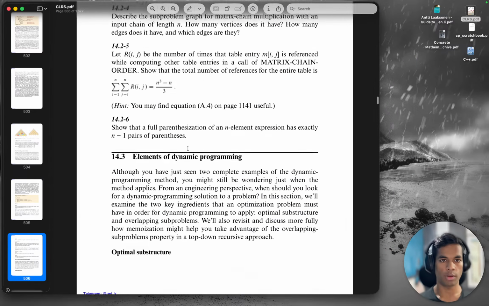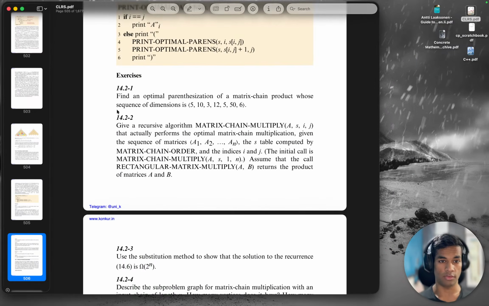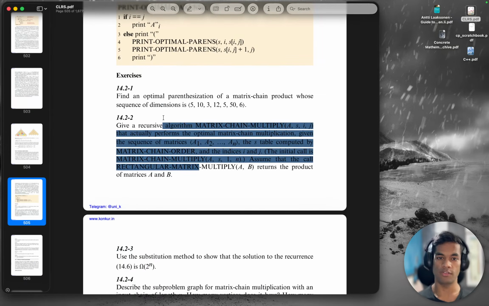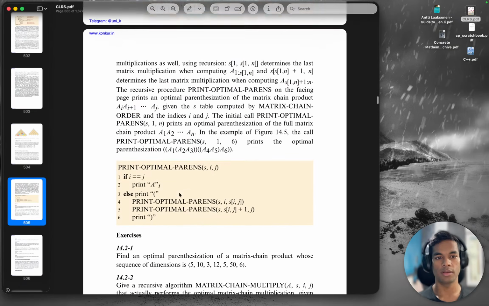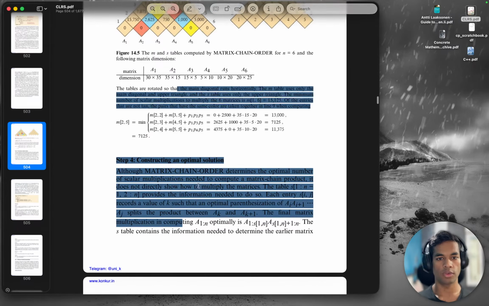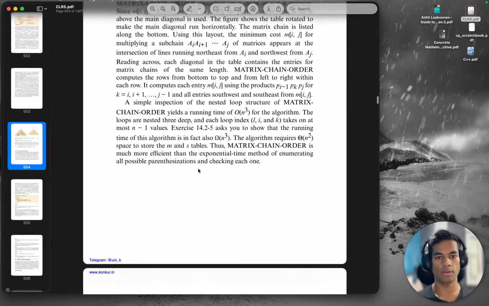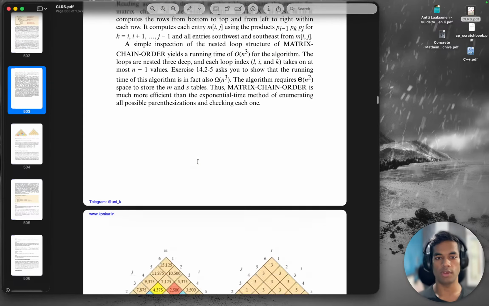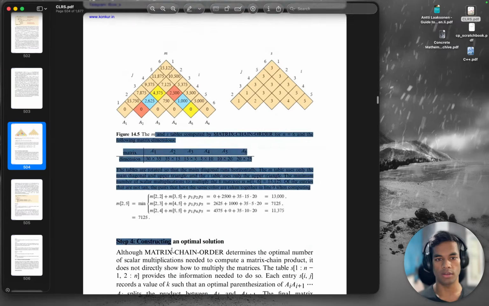Elements of dynamic programming. Yesterday we did this thing. We also did all of the exercises, which makes me feel happy because I don't do exercises usually. So yesterday we did matrix chain multiplication, in which we had to find a sequence in which we can multiply matrices together.